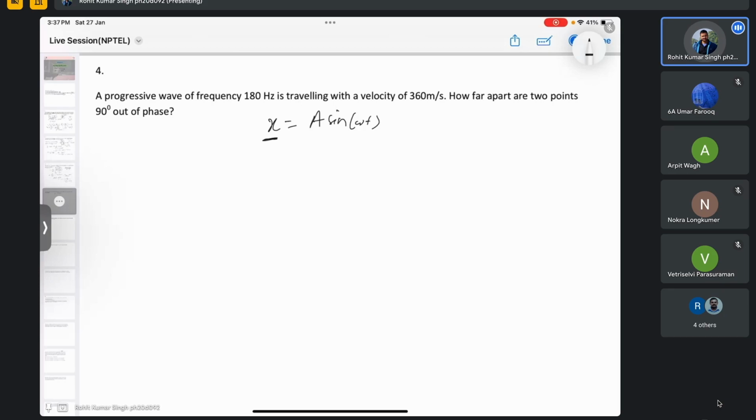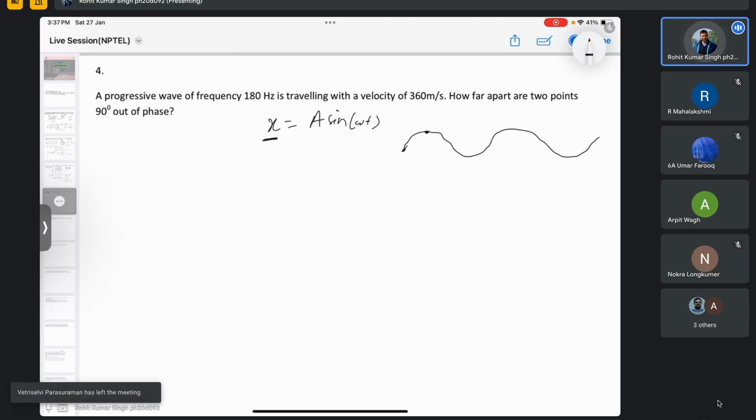Now, what a wave represents is, usually the wave is represented by this kind of graph. So suppose there is a point like this. A traveling wave means this point will move with respect to time and with respect to position also.